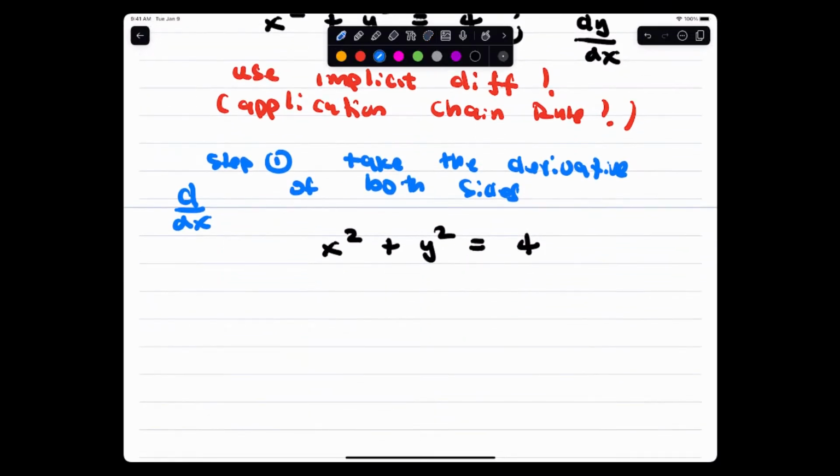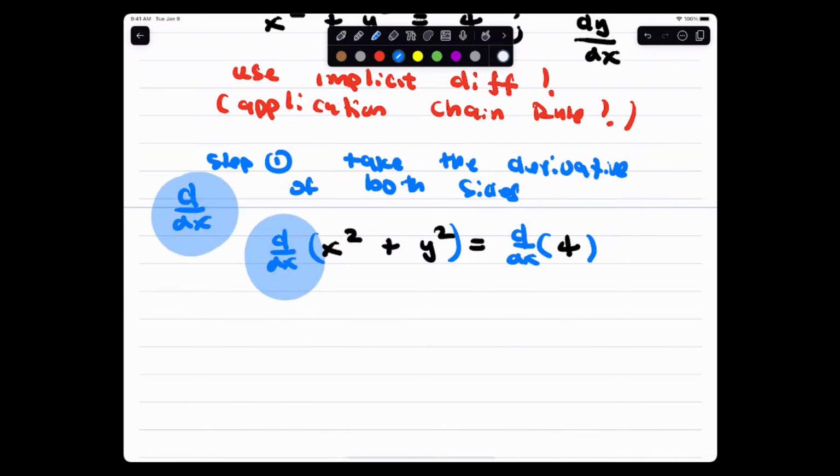So when I say derivative of both sides, you take d/dx of the left, which will equal what? d/dx of the what? Of the right. Maybe that's what you guys need to see. We're going to take the derivative of both sides. This is implicit differentiation.